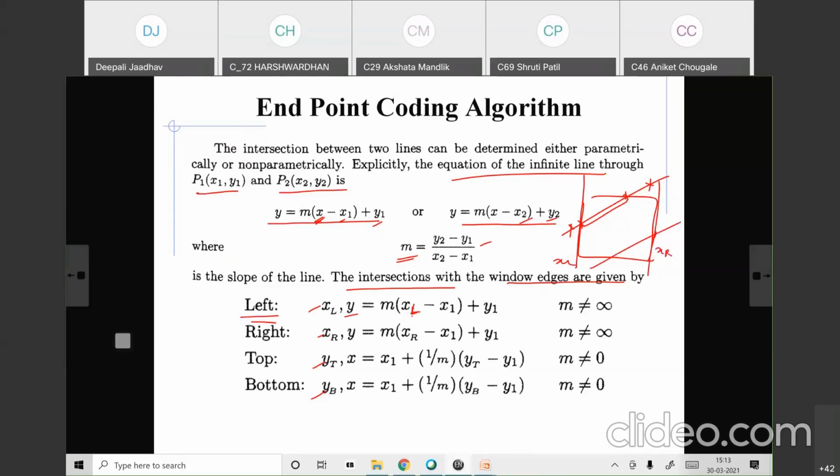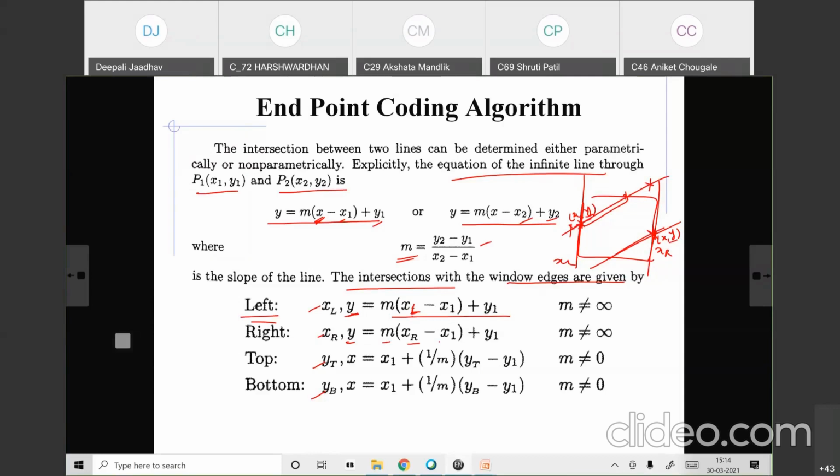How do we identify the y value for this intersection, x and y? If it intersects the left, this formula is used. If the intersection is on the right hand side, xr, then how do we identify the y value? We put xr minus x1 in this equation.